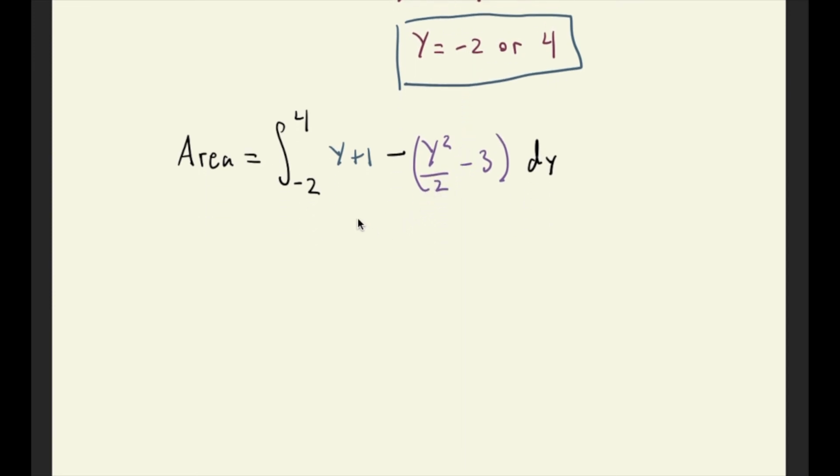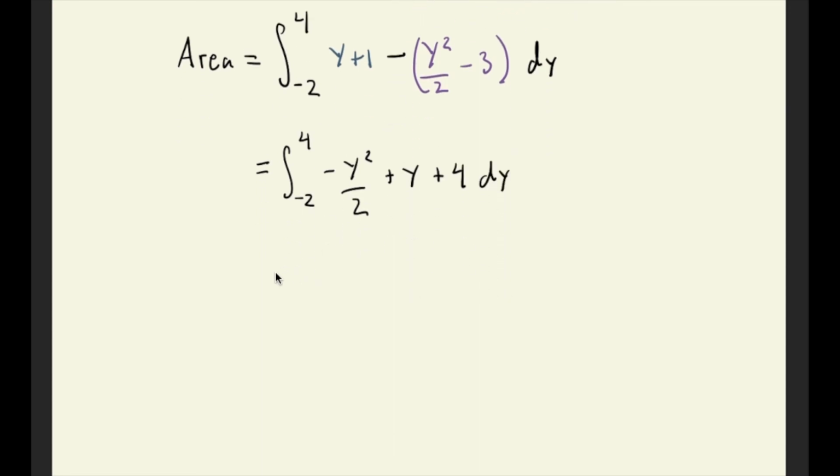But now this is not a hard integral to solve, right? So let's maybe distribute these things a little bit. We're going to get negative y squared over 2, and then we have plus y, and then a plus 1 plus 3, which is a plus 4 dy. We take an antiderivative.